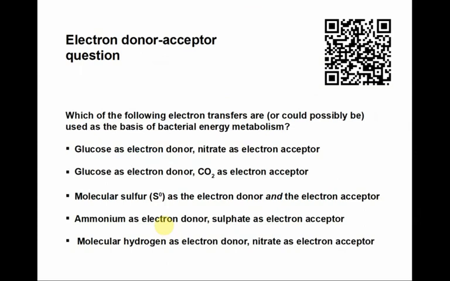So sulfur oxidizers could use sulfide as the electron donor and nitrate as the electron acceptor. That will work. Thermodynamically, it's favorable. This one can't work. It's the wrong way round. Because ammonium compounds, nitrogen compounds, they're basically better electron acceptors than sulfur compounds.